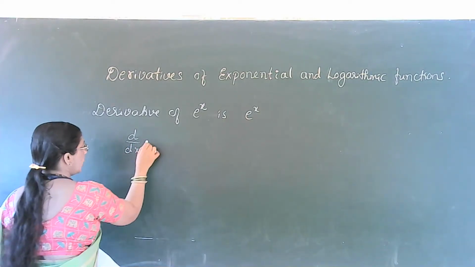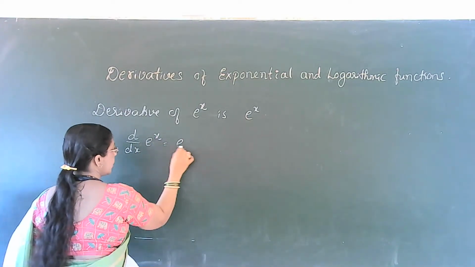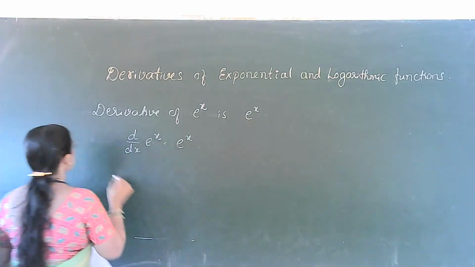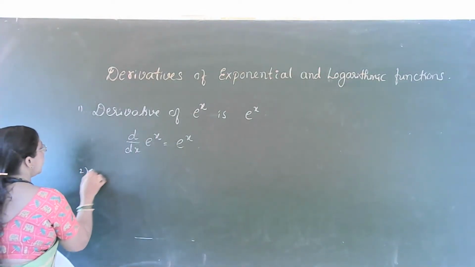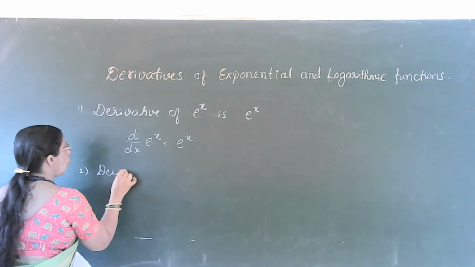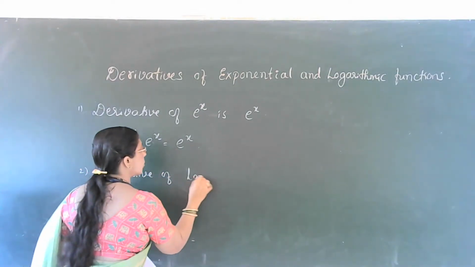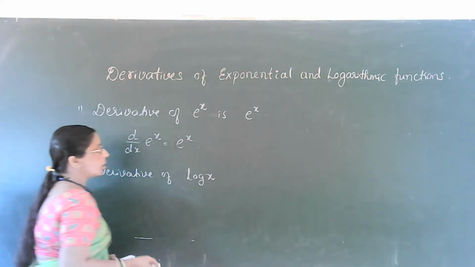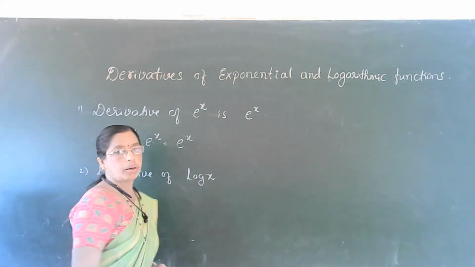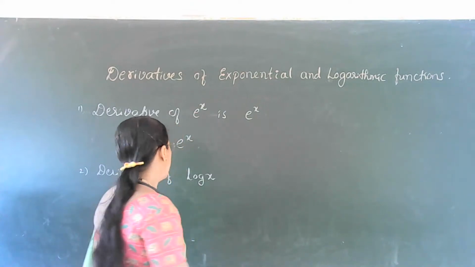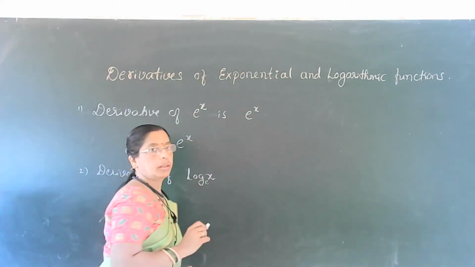That means d by dx of e to the power x is equal to e to the power x. And second, the derivative of log x. Here the base is not written, but it is e.